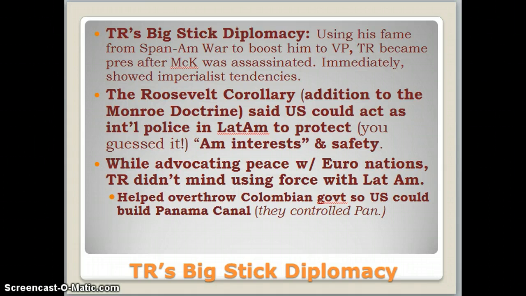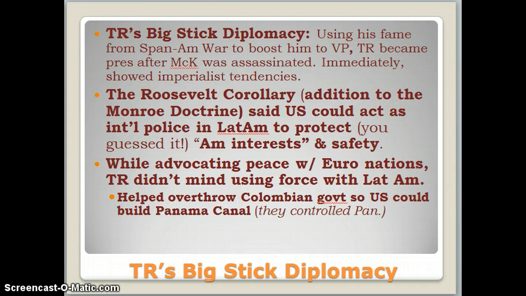Well, his addition to the Monroe Doctrine was that the United States will act as an international police force in Latin America to protect, you guessed it, American interests and safety. Now, here's the big deal here. We get to decide what's in our interests. And basically, anything that happens in Latin America or the Western Hemisphere affects us, we decide.